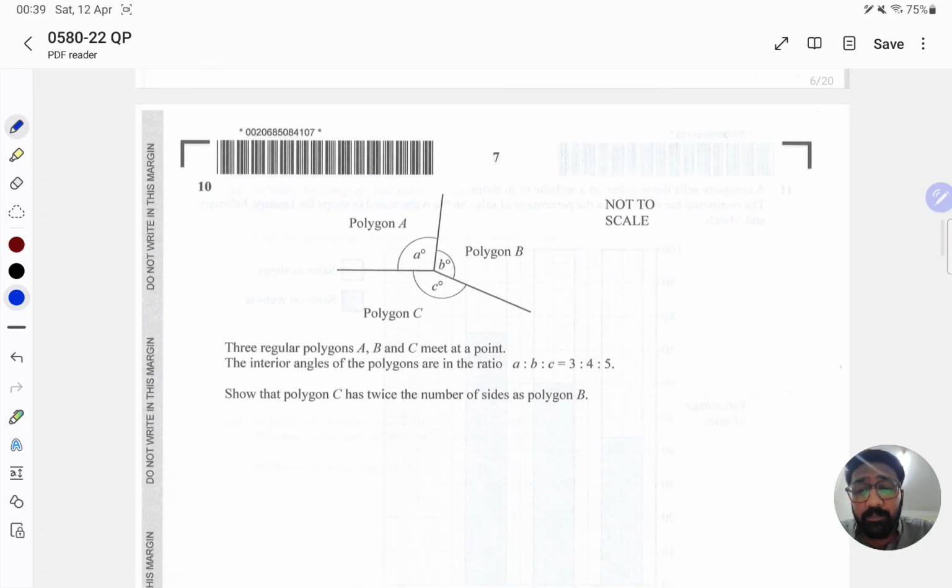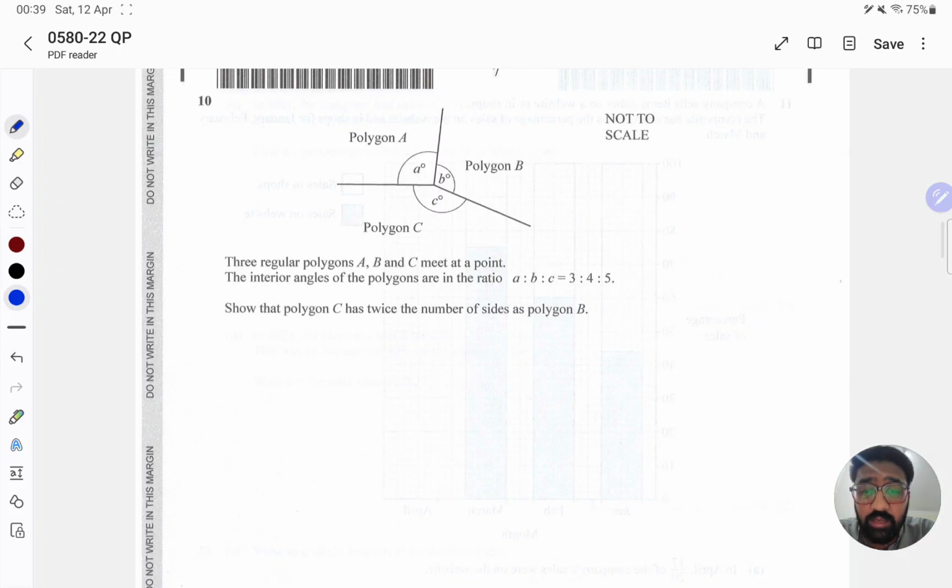Question number 10. 3 regular polygons A, B and C meet at a point. The interior angles of the polygons are in the ratio A to B to C, which is 3 to 4 to 5. So this is the interior angle ratio given to us.